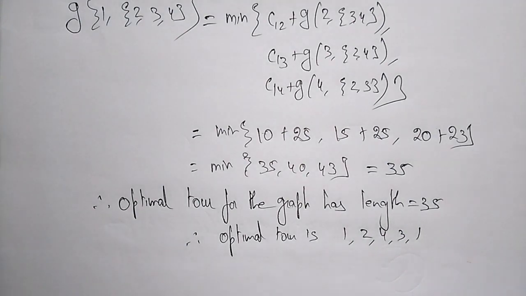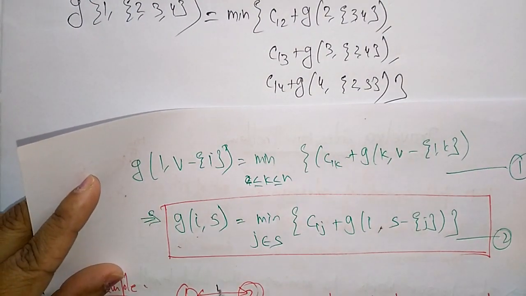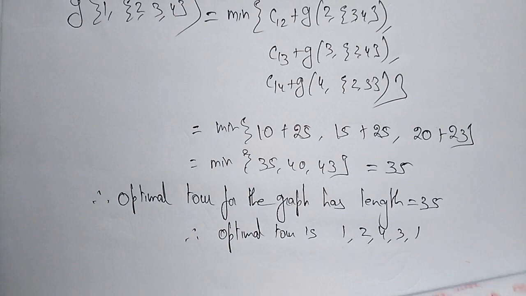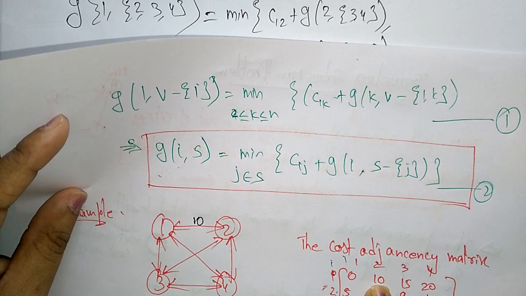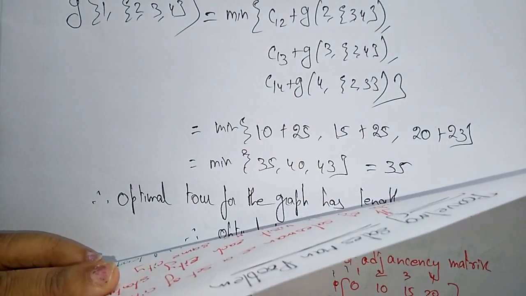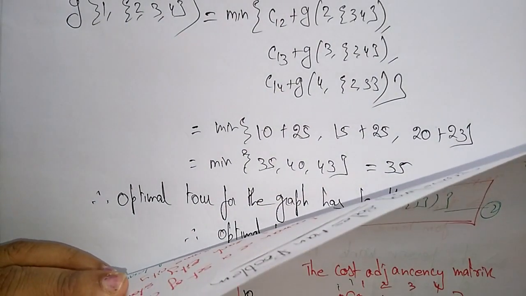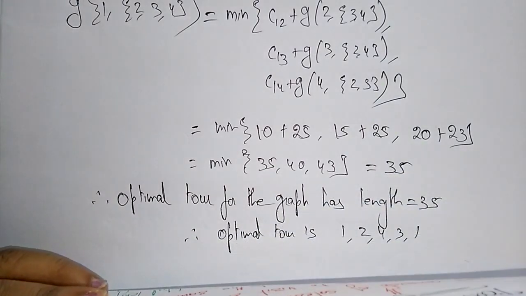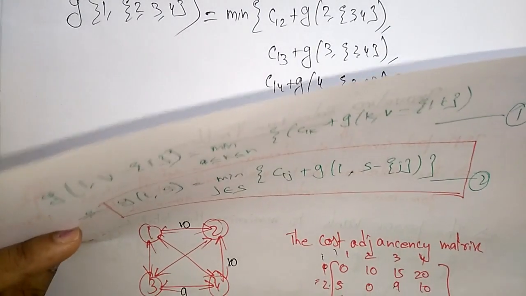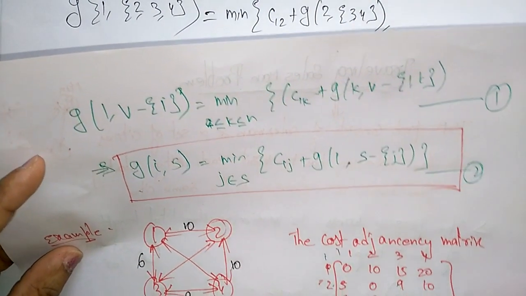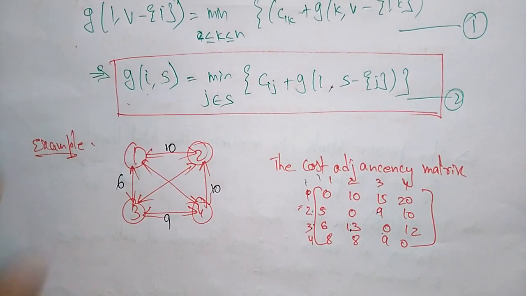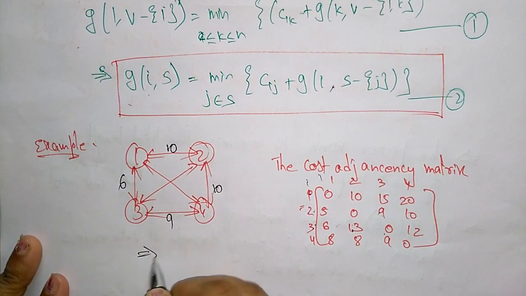From this graph, 1 to 2 the cost is 10, and next he goes from 2 to 4, the cost is 10. Again from 4 to 3 the cost is 9, and 3 to 1 the cost is 6. So the total cost we get is 35.